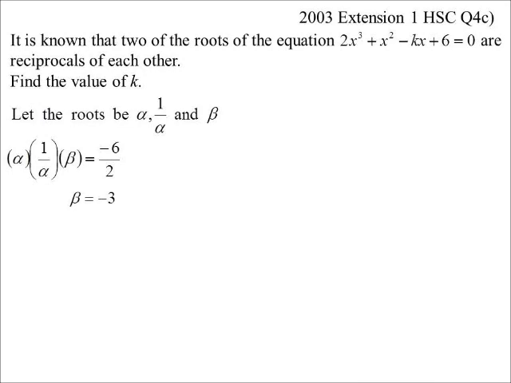Solve simultaneously maybe with another one to work out k. But I think a simpler way of doing this now is that, hang on, we now know negative 3 is a solution. So I could use my factor theorem. Polynomial negative 3 is equal to 0. So I can sub into my polynomial, and I should be able to rearrange this to get a value for k.